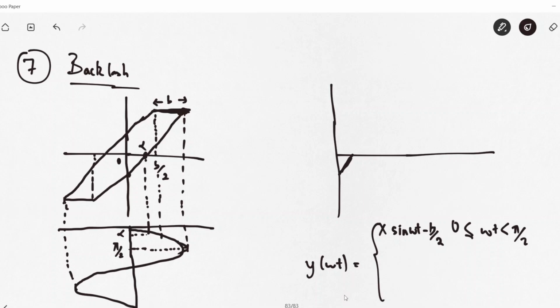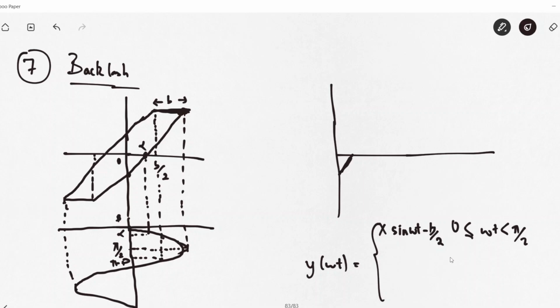Then from pi by 2 to beta, this point, actually instead of saying beta, we'll say this is pi minus beta. So that means beta was somewhere actually here in the negative region already.